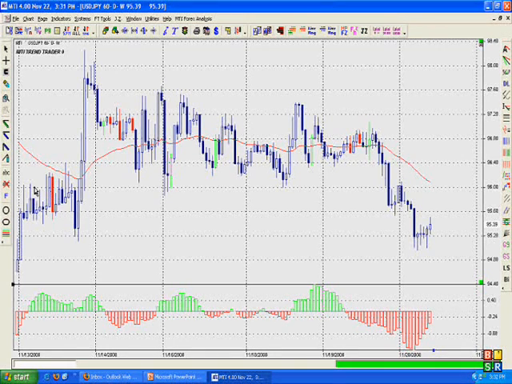Here I see the evening star and the tweezers at the bottom. Let me show you where they are. Here's the evening star, and here are the tweezers at the bottom. Now let's find some more.